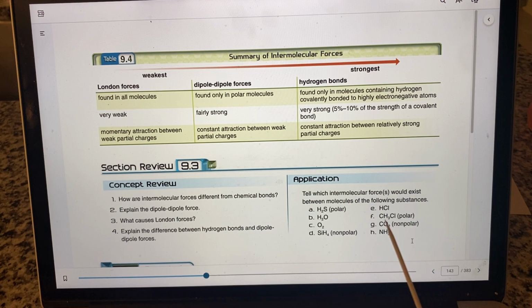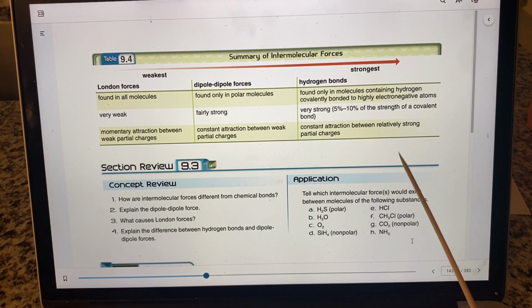Is it going to be hydrogen? No hydrogen, so it's only going to be these two. CO2 is non-polar, so it can only be London, and that's it. Any non-polar can only be London. London forces can be in all molecules, but dipole has to be polar, and so does the hydrogen bond. And here's another one, and of course this is a polar one.